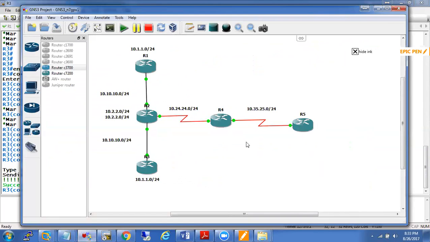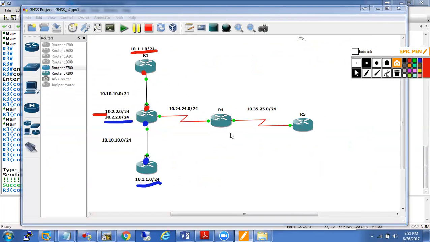Now, where is my VRF right now? I have two VRFs, the red and the blue. They're between R1 and R2 and R2 and R3, two separate VRFs. So what's on the other side towards R4? So 2 to 4 or 4 to 5. I have not put that interface, the S0/0 interface, in any VRF.